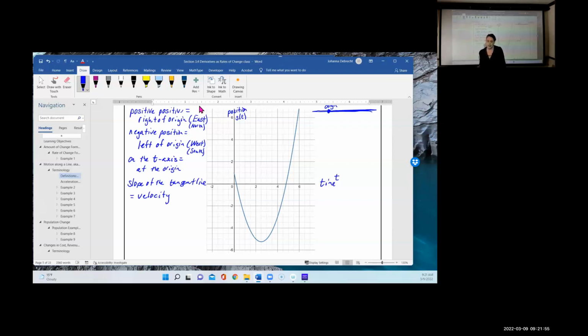So if the slope of the tangent line is negative, it's headed in the left direction, or in our case, west. So if the slope of the tangent line is negative, then it's headed west or left. And if you're on a north-south graph, then it would be headed south.